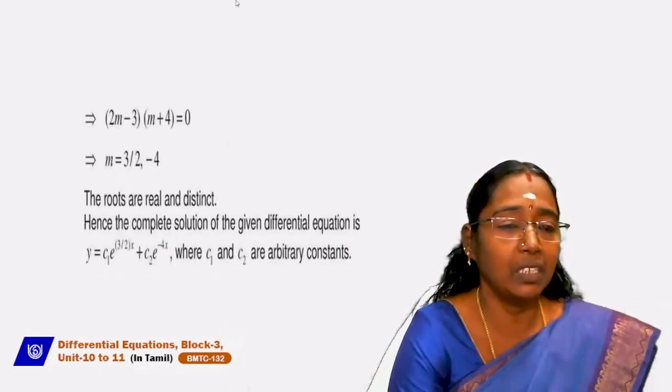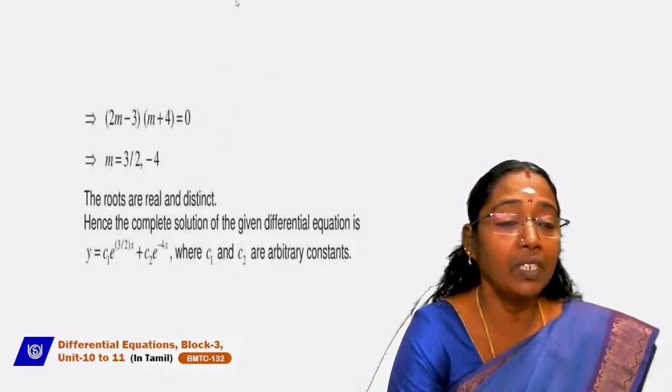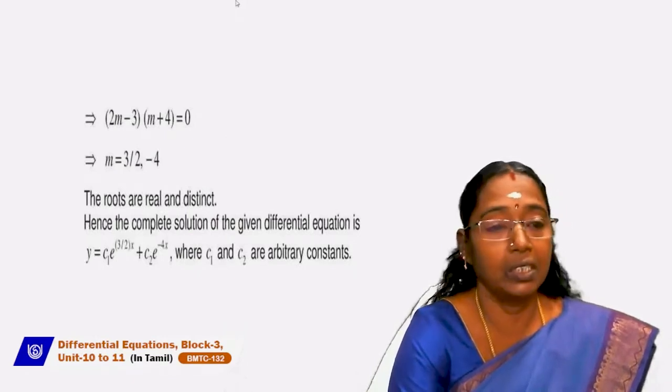Through this factorization, we obtain m equal to 3 by 2 and m equal to minus 4. Therefore, these two roots are real and distinct. Hence, a complete solution of the given differential equation is y equal to c1 e power, the first root 3 by 2 into x, plus c2 e power minus 4x, where c1 and c2 are arbitrary constants.